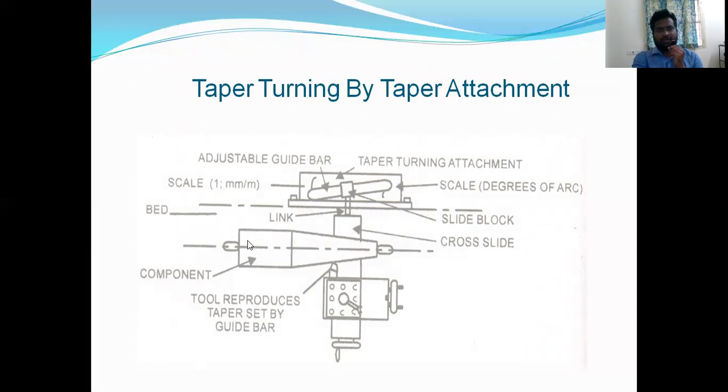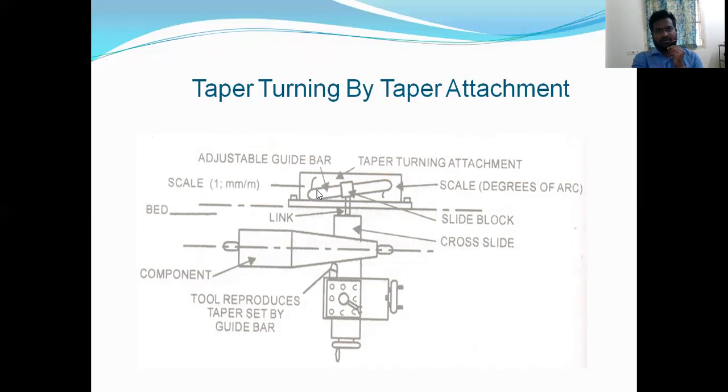Here, observe, this is our workpiece, and this is the tool post. Opposite this tool post, we have this attachment, right? This is the bar. It has degrees on this bar, right? It is linked with this bar.